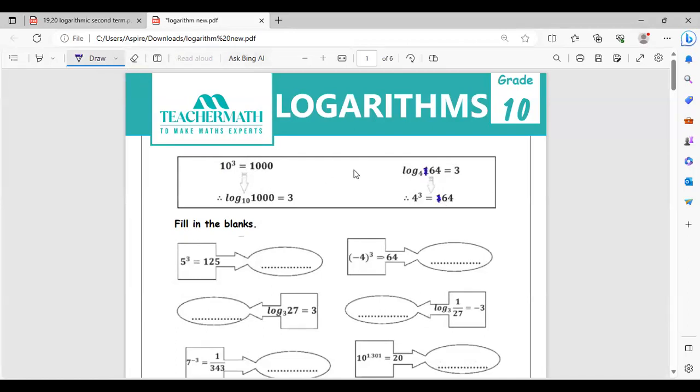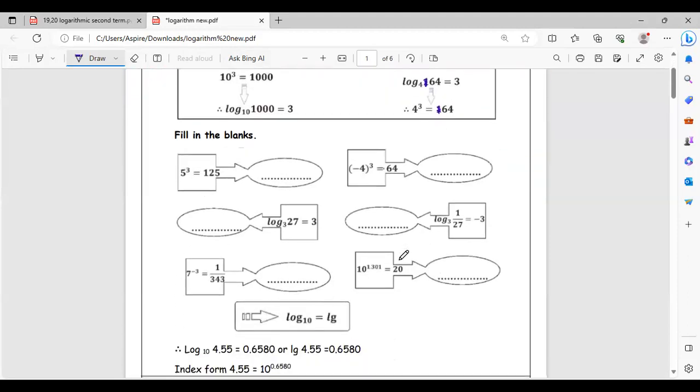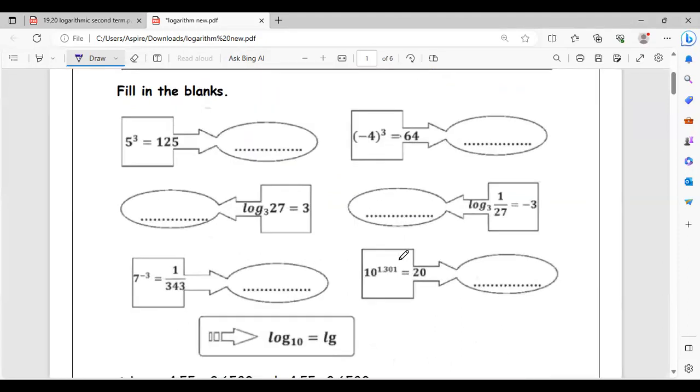Logarithm of 64 to the base 4 is equal to 3. So 4 to the power of 3 is equal to 64. Then here there is an exercise. Let's see how we do it. Here the index form is given, and we have to convert this into log form. Look at what the answer is: logarithm, because we have to write log.